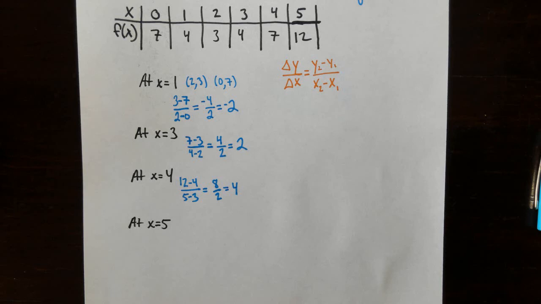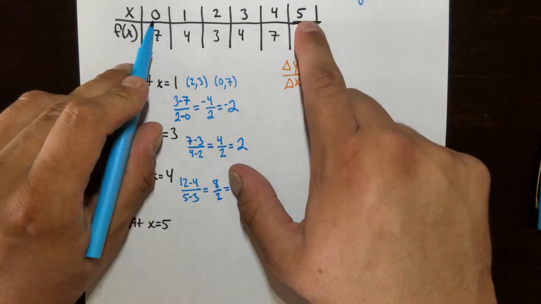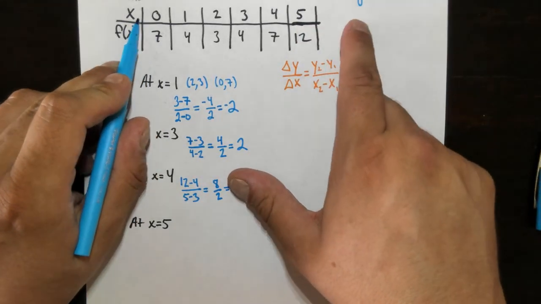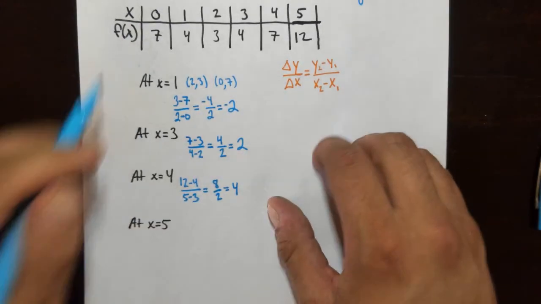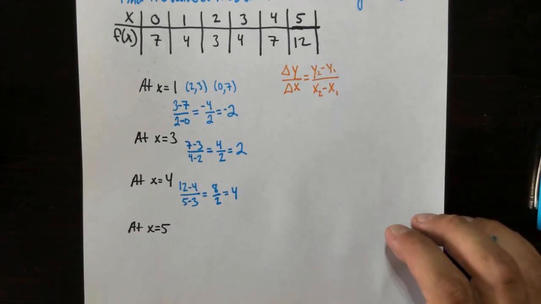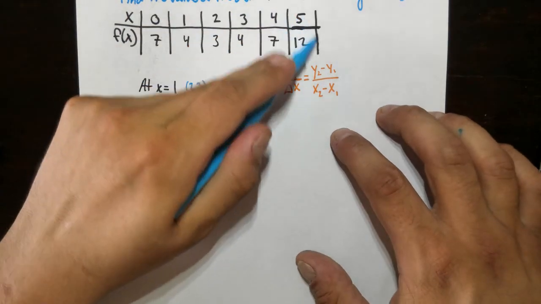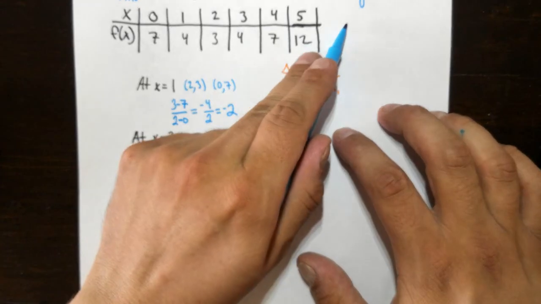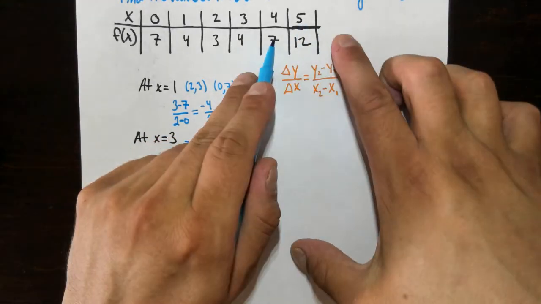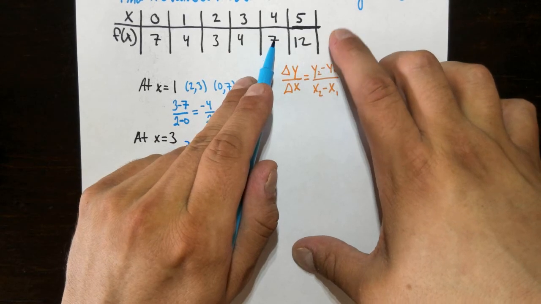Let's take a look at x equals 5. So this is an interesting circumstance, and that is we are only given the points from 0 to 5. We don't know anything to the right of it, and so therefore we can't assume anything. Because it's on the edge, we don't have a point to the right of it to find the average slope.